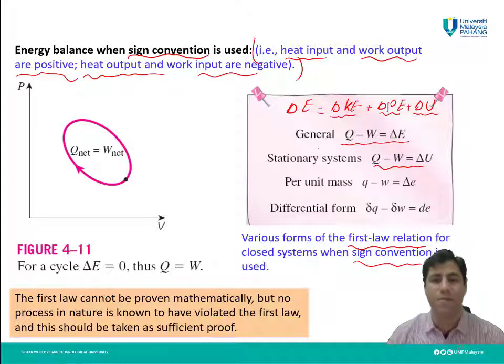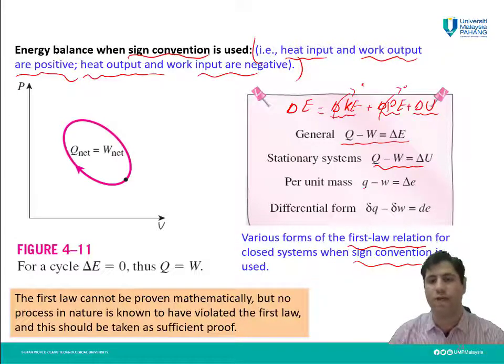This is for a closed system, so we don't have mass. The change in the energy is only equal to the change in the work and heat. And for a stationary system, where we do not have kinetic energy and potential energy change, the whole change in the energy will be delta U, or the whole change in the heat and work of the system will be equal to the change in the internal energy of the system. And per unit mass, simply we divide this Q, W, delta U by m, similar to the previous slide.